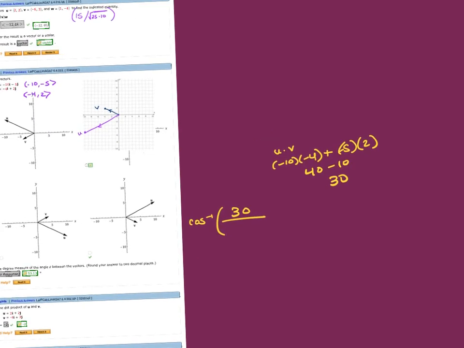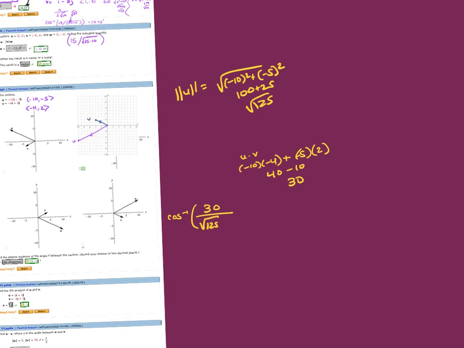Then I have to do the magnitude of u, square root of negative 10 squared plus negative 5 squared, 100 plus 25, square root of 125. If I was giving that as an answer, I'd simplify it, but because I'm typing that in the calculator, you could leave it like that. And then the magnitude of v, square root of negative 4 squared plus 2 squared, 16 plus 4, square root of 20.